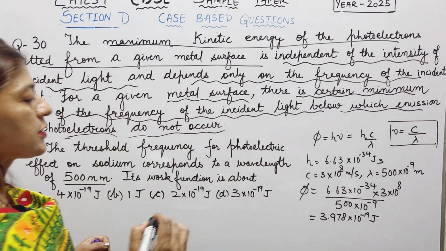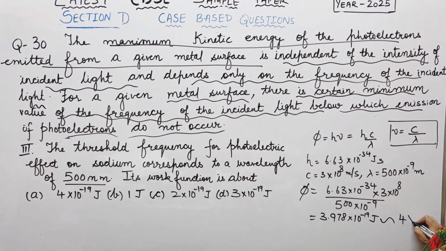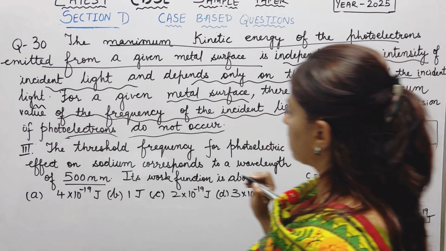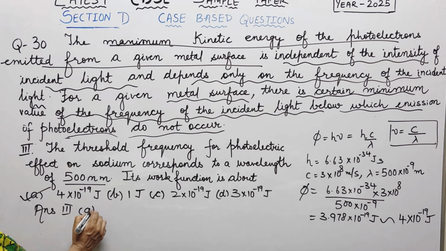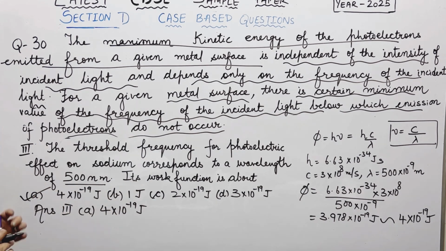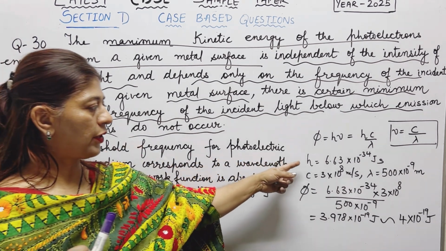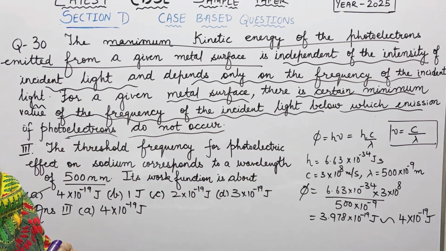So this is nearly equal to 4 times 10 to the power minus 19 joule. So let us see the options. The answer matches with the first option, and the answer for the third part is A, 4 times 10 to the power minus 19 joule. The value of h and c will be given to you in the beginning of the question paper.